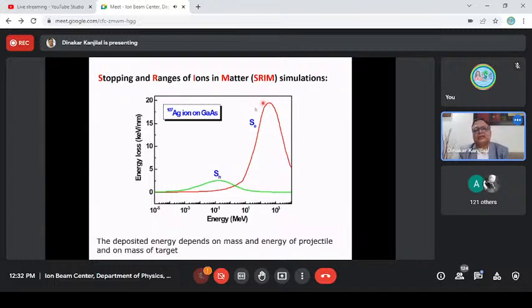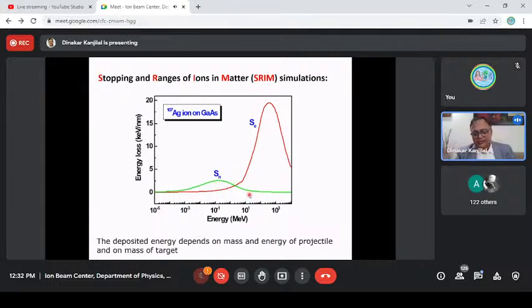So this is stopping power, electronic stopping power. It is popularly called S subscript E. It is the energy loss due to electron ionizing processes, and this is the energy loss due to elastic collision with the atomic species. So these are the two important things.